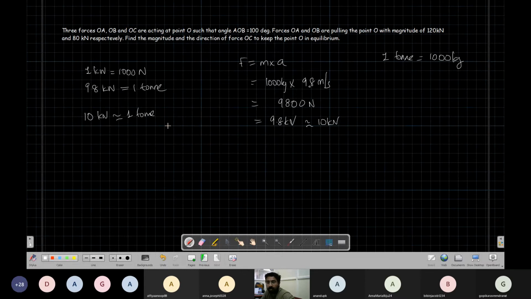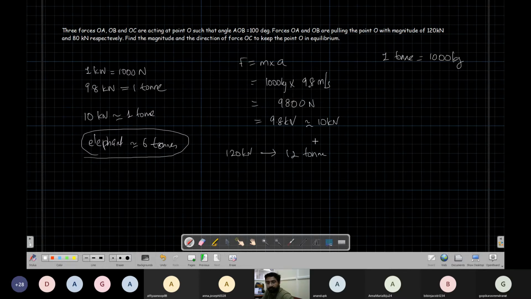The weight of an African elephant is approximately 6 tons. So when you say a force of 120 kilonewton, it means approximately 12 tons of mass. So this is approximately 2 elephants.